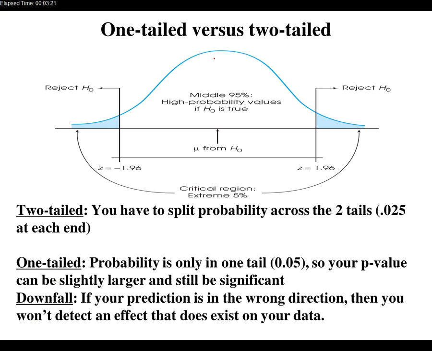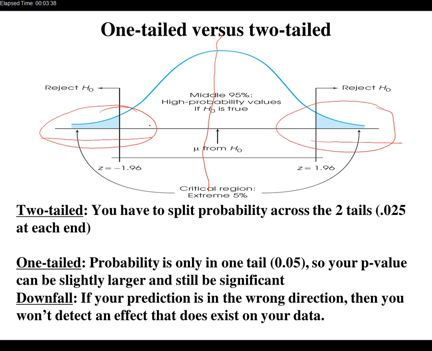And so let's just go ahead and split. Here's the curve, and let's just split this curve down the middle. Well, that's not precisely down the middle, as you can see, but here's my right tail, and here's my left tail. Okay, and so with a one-tailed test, we're going to predict whether we're going in this direction or in this direction.